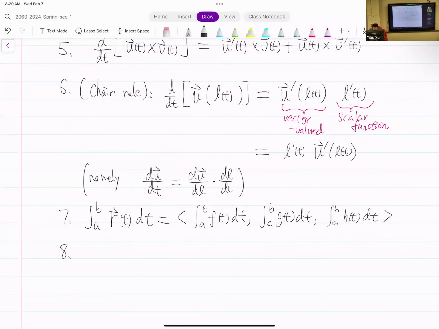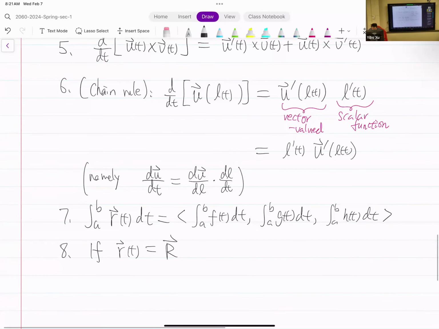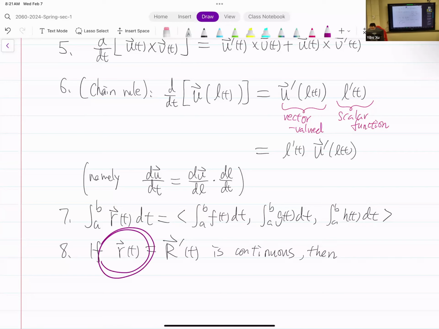And then we can expect that the fundamental theorem of calculus will also hold. Okay. So if our vector function little r of t equals the derivative of some cap R, and we assume that both are continuous, what does it mean? This just means that little r is a derivative of cap R, so cap R is an antiderivative of little r, right?